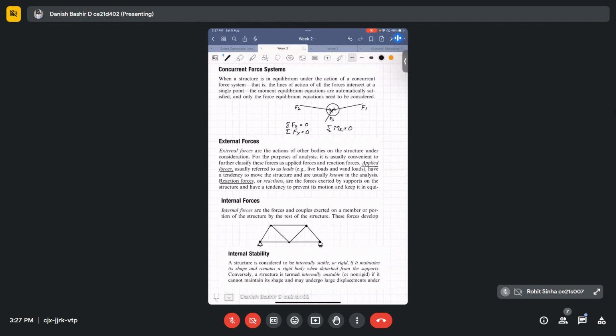If I remove it from its supports, I will be left with this structure only.